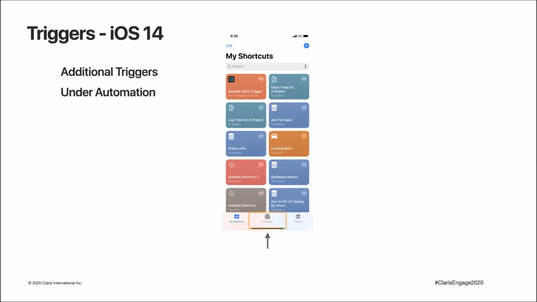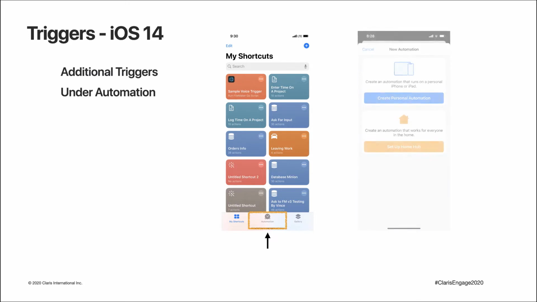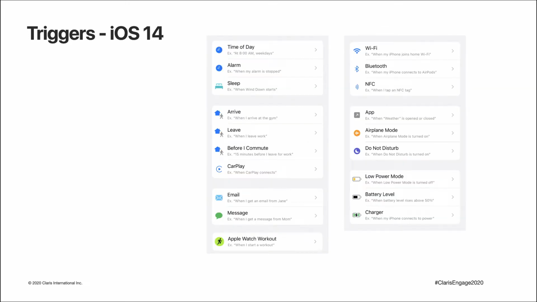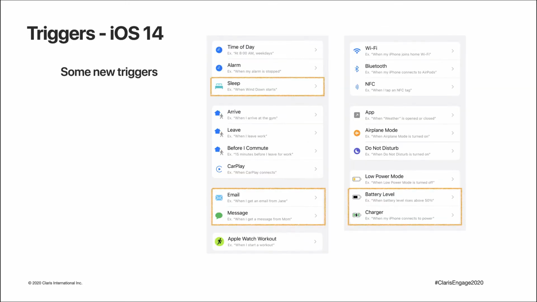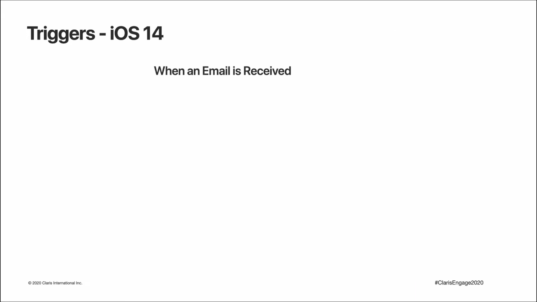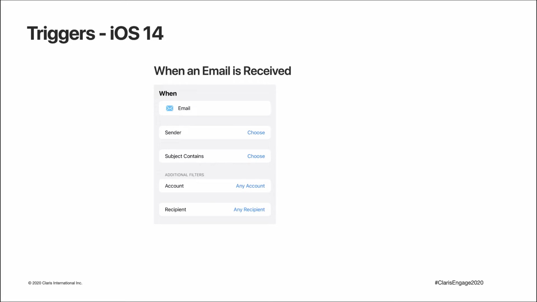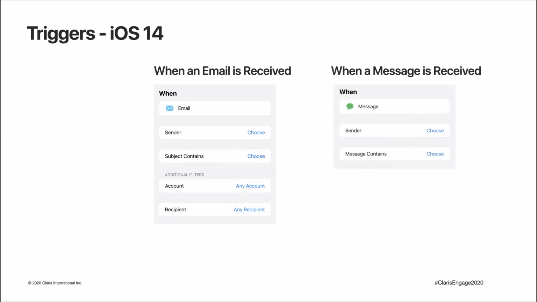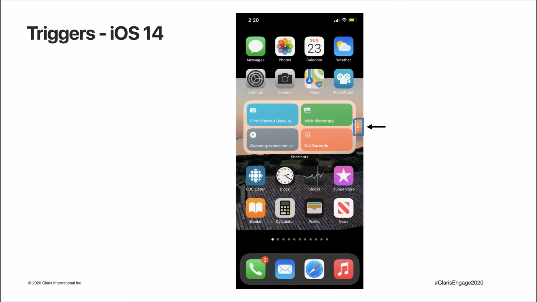Again, under Automation in iOS 14, personal automation, there are some new ones: sleep, email, message, battery level, and charger. However, email is somewhat limited, in that you cannot get the subject or the body, so it's not ideal if you're looking to do something with the contents of the email. However, both the email and the message, you can use as triggers for your shortcuts.